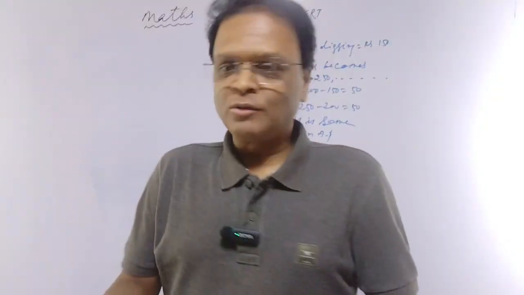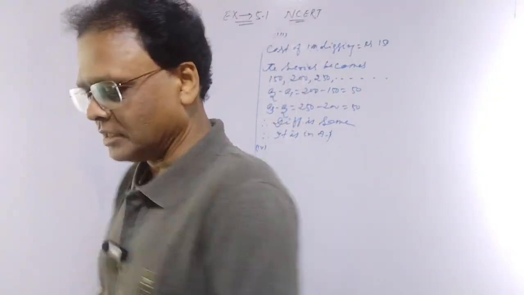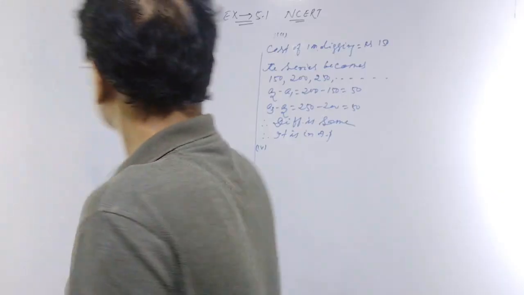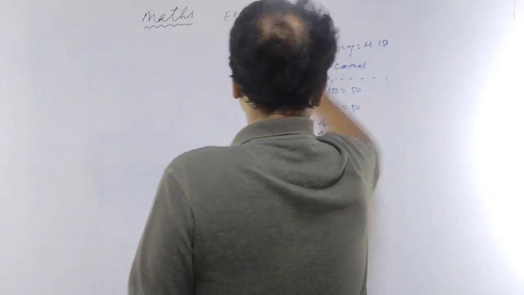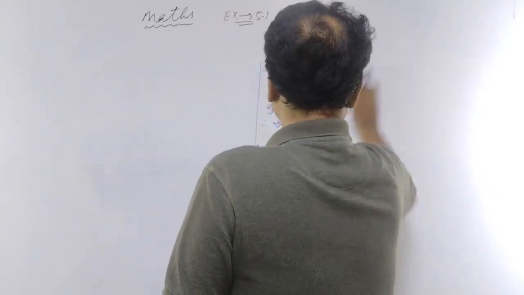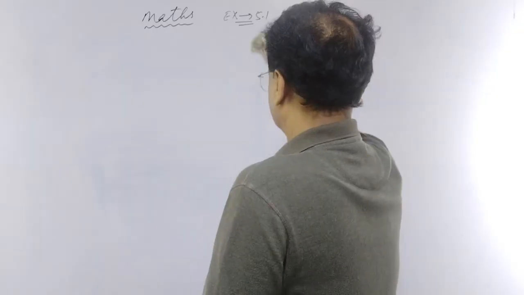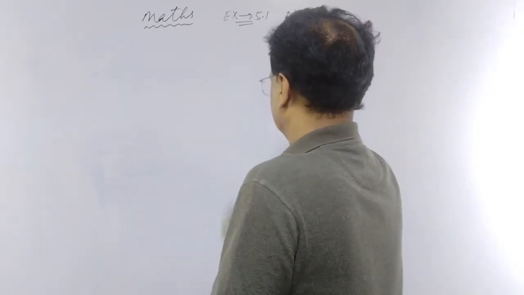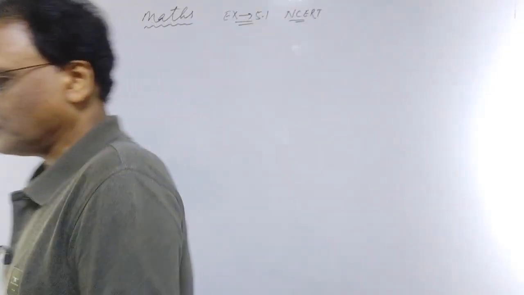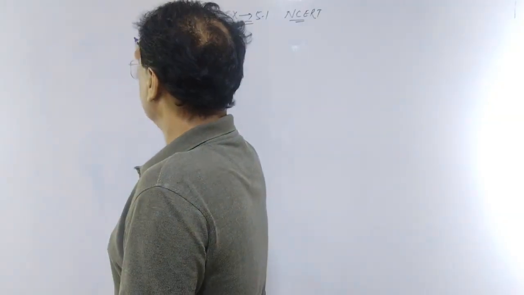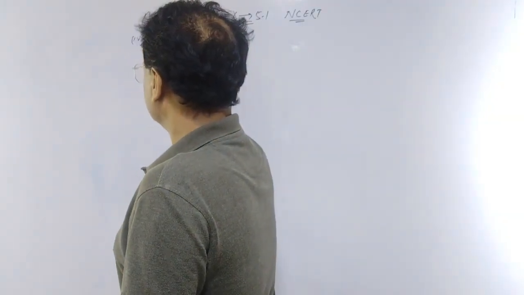So let's first find the original amount. The original amount was 10,000 rupees. This is the fourth one.